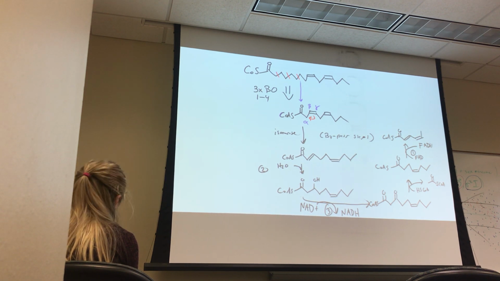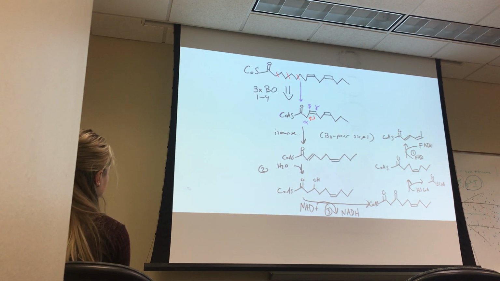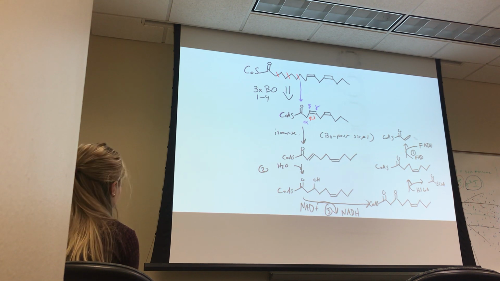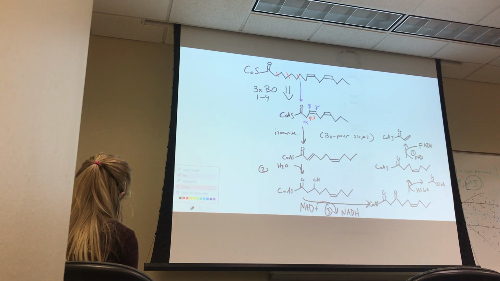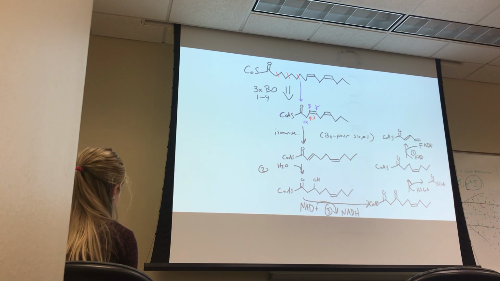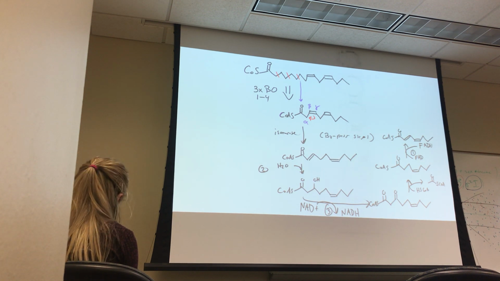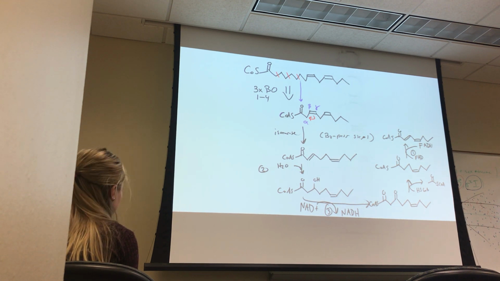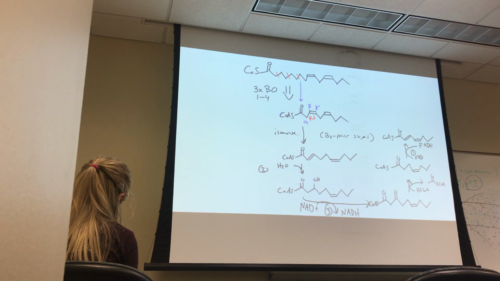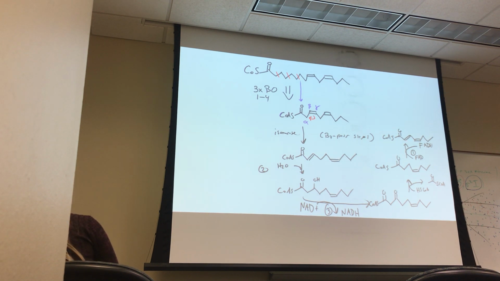Let me fix it so it's nice and straight. So I'm trying to arrange this so that everything's lining up. So this carbon's here, this carbon's here, and here's our double bond, and then those are the final ones.